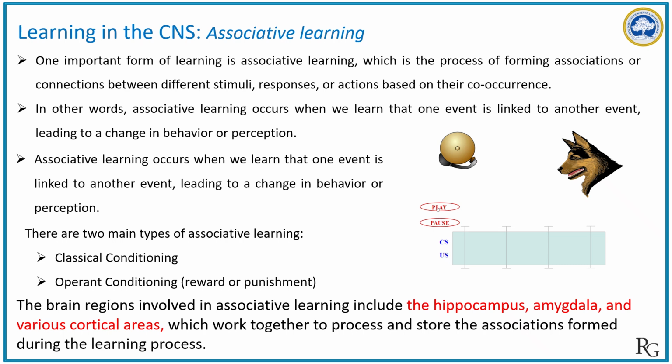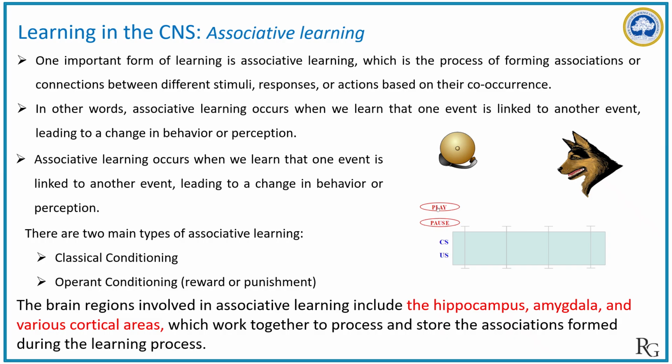Now the second type of learning is operant conditioning. It is also sometimes called instrumental conditioning. This is slightly different. Instead of pairing two stimuli, here we are linking behavior with a consequence. The classic example is the experiment with rats done by the researcher.